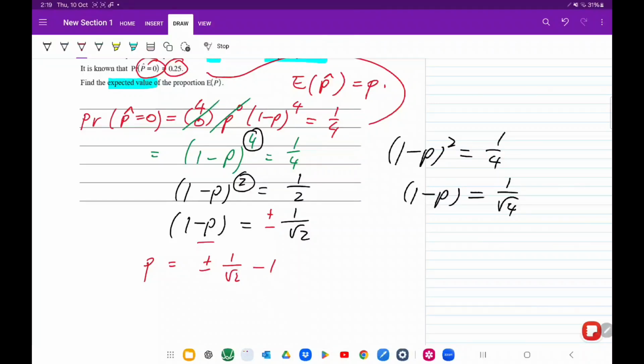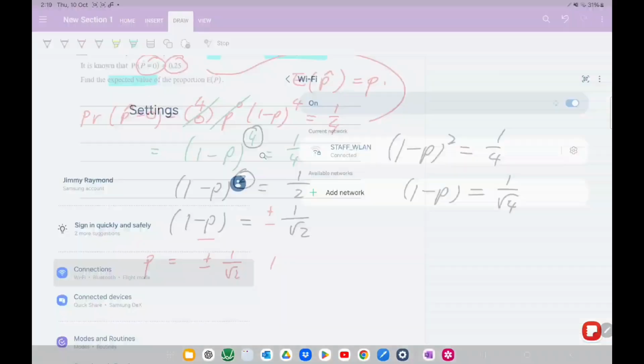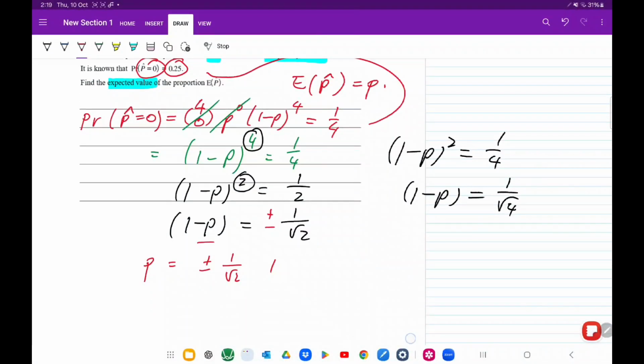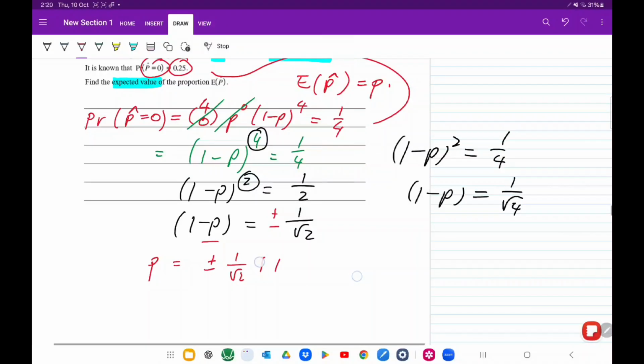Oh, careful, nearly made this mistake. That's negative P, so that means we make this positive. And this becomes, as such, negative.